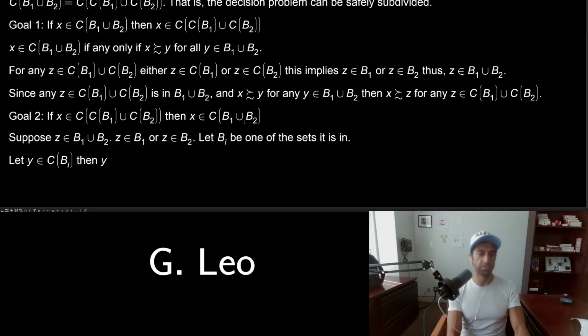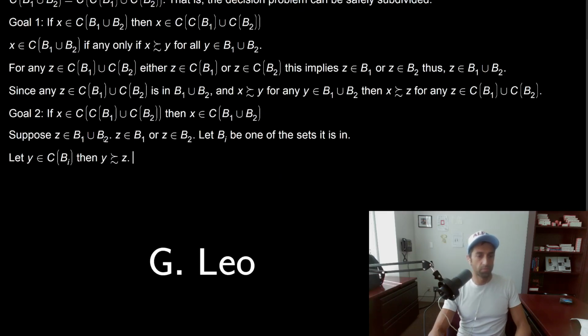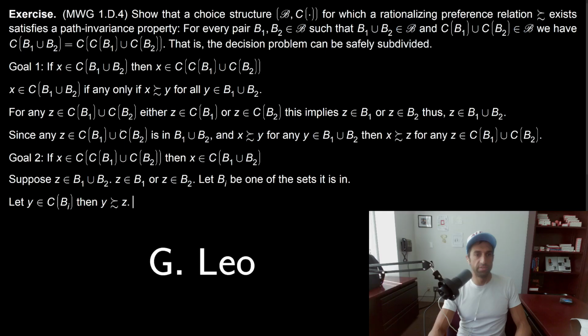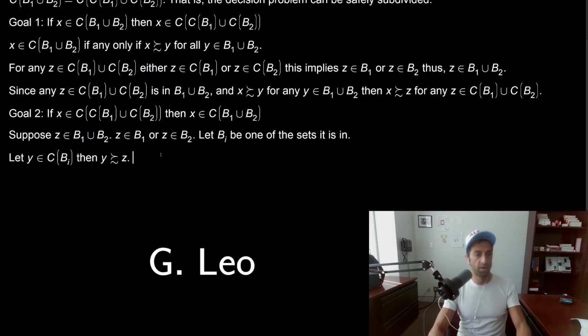Then y has to be at least as good as z. So what we found is that for any z in this thing, there has to be some y that's at least as good as it. Basically, we'll pick the choice from B1, so we'll let the choice be that. Then that y has to be at least as good as z.